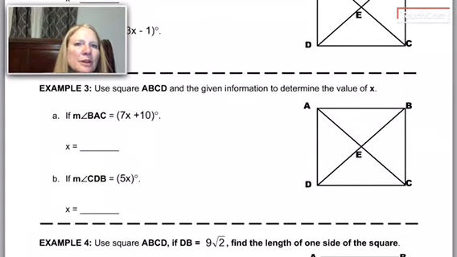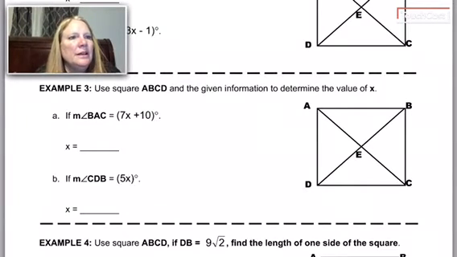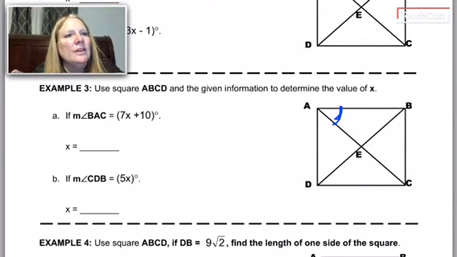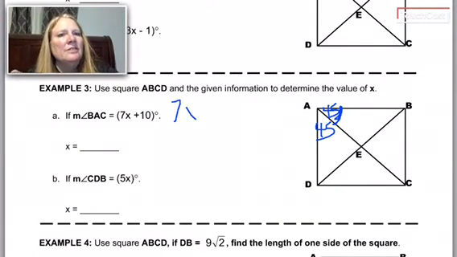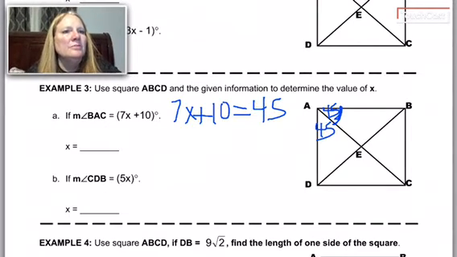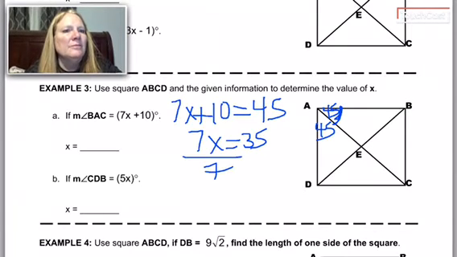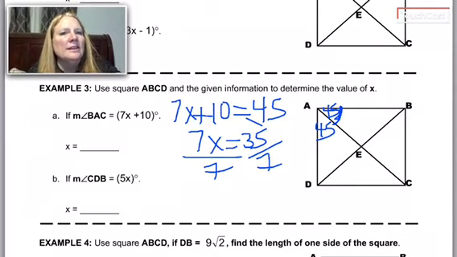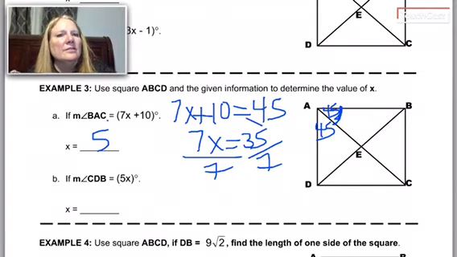So in example 3, BAC. So where is BAC? BAC is right here. And so here, remember, these are always 45. So BAC, 7x plus 10 is equal to 45. Subtract 10 and divide by 7. So x is 5.